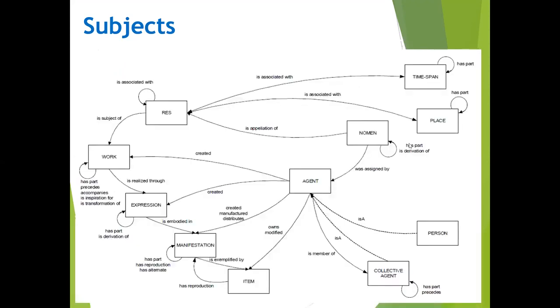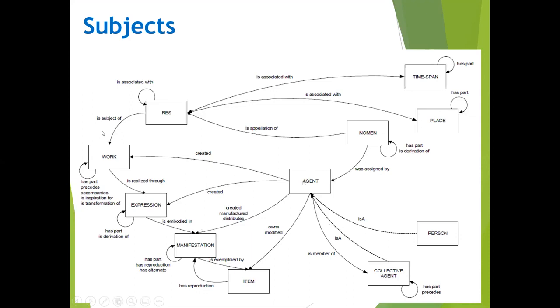This is another landscape of looking at the same thing. Res up here, and you see everything has an association with all these relationships. Here's our WEMI, our work, expression, manifestation, item, and you see all the relationships expressed here. And then of course we have agent, and the agent has created this particular work.